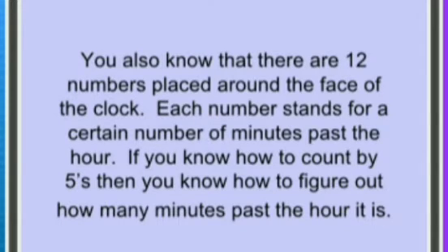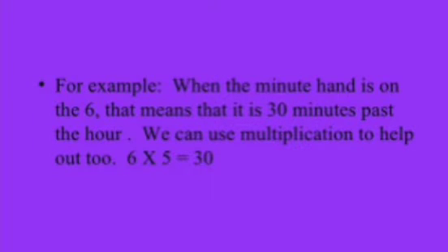Each number stands for a certain number of minutes past the hour. If you know how to count by fives, then you know how to figure out how many minutes past the hour it is. For example, when the minute hand is on 6, that means it is 30 minutes past the hour.